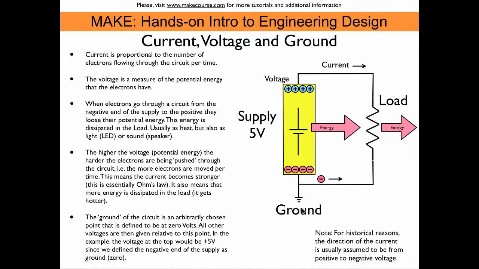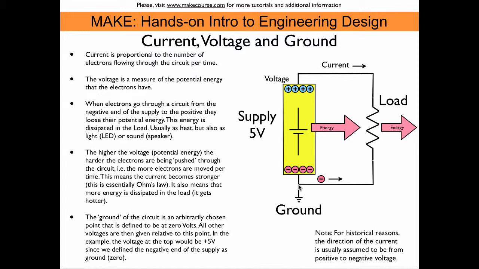The ground is just a convention. In any circuit, one defines one point as ground and defines the voltage at that position as 0, and then all the other voltages are given relative to that ground location.